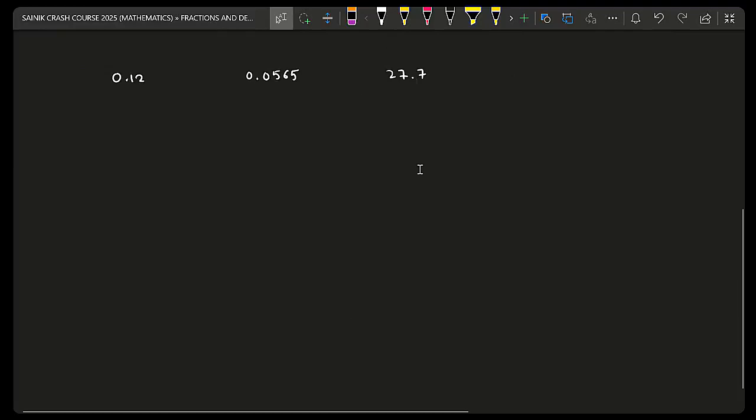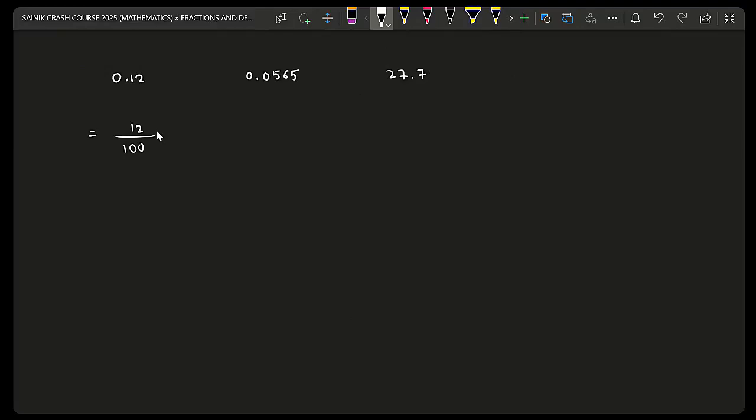So for 0.12, how to do the reverse process? First, remove the decimal point and write. If you remove it, 012 remains, but that is nothing but 12, right? 12 divided by, always start from 1. Count the number of decimal places. There are 2 decimal places, so just write 2 zeros. If you want, you can simplify it later, but I'm not simplifying.